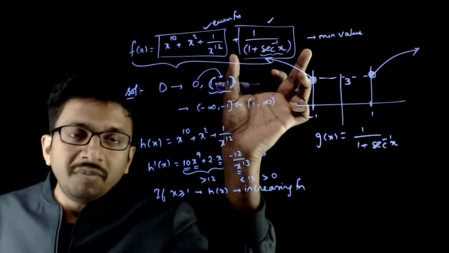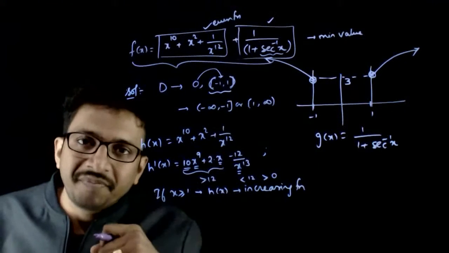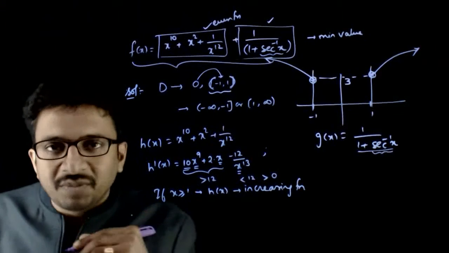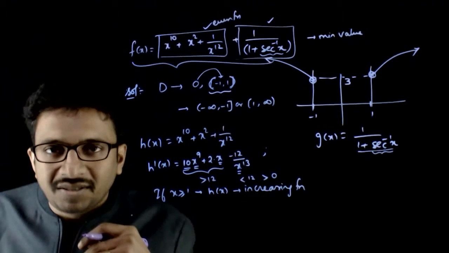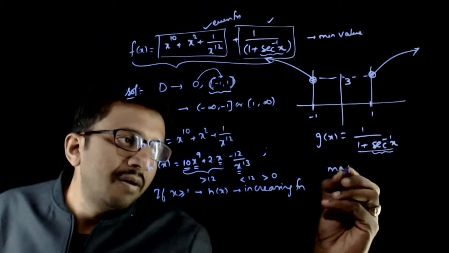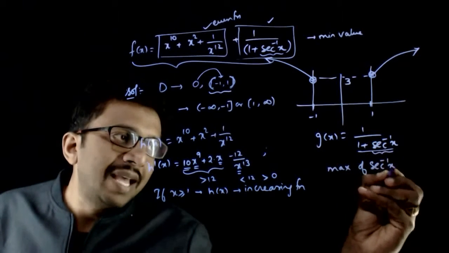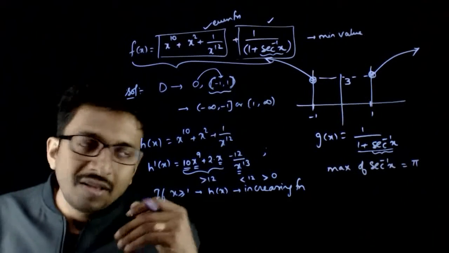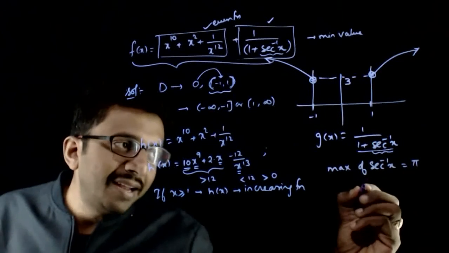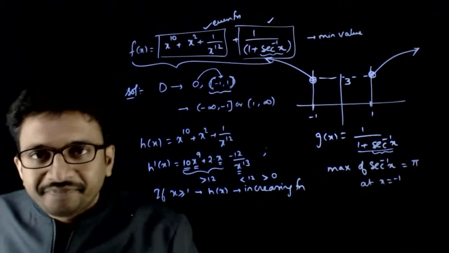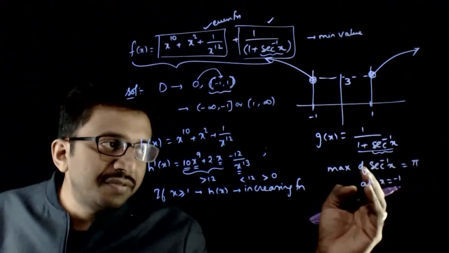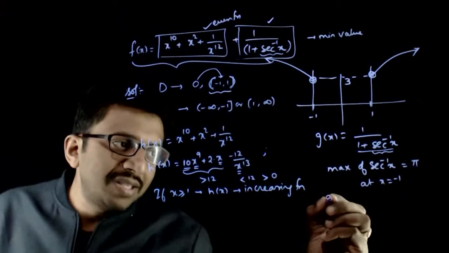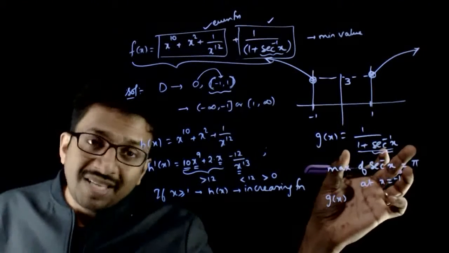This expression will be minimum if the denominator is maximum, and 1 + sec inverse x will be maximum if sec inverse x is maximum. What is the maximum value of secant inverse x? It is nothing but pi, because the range of secant inverse is 0 to pi. The maximum value of secant inverse is pi, and it occurs at x equal to minus 1.